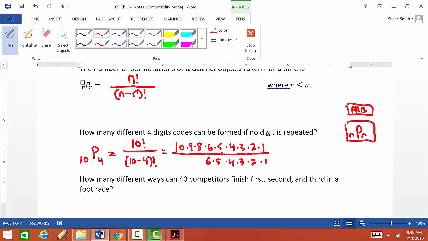And then you have a canceling fiesta, right? So really all we're doing is 10 times 9 times 8 and times, I just realized I forgot the times 7. I'm so silly. Yeah, times 7. Okay, so 10 times 9 times 8 times 7 is 5,040.